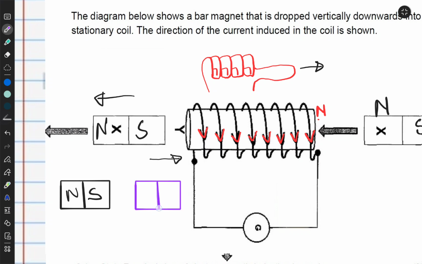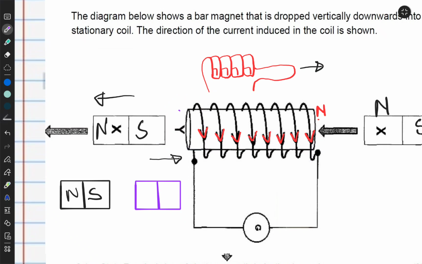It also has poles, but we are mostly interested in the poles at the ends of the solenoid, because they change. If I'm on this side of the solenoid, I only care about this side, I don't look at that side, because something different is happening on both sides. So now I'm looking at this side specifically, the left, not the right of the solenoid.